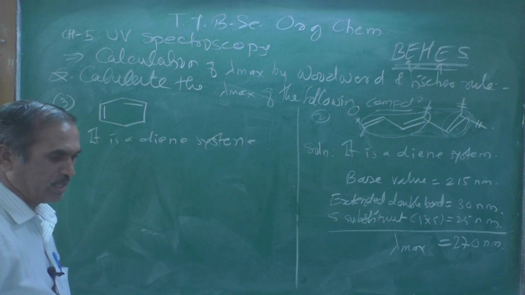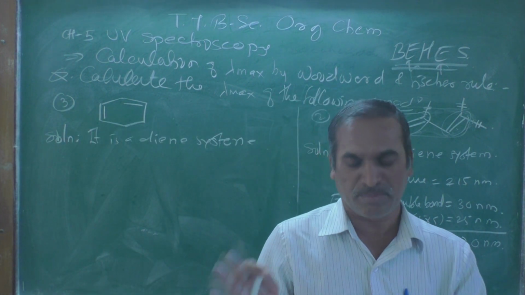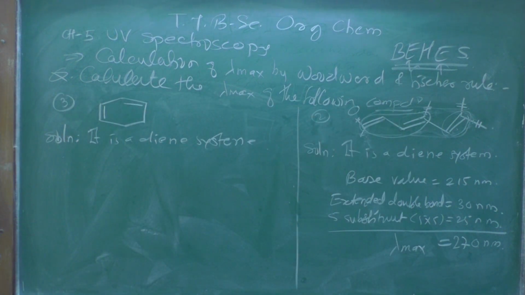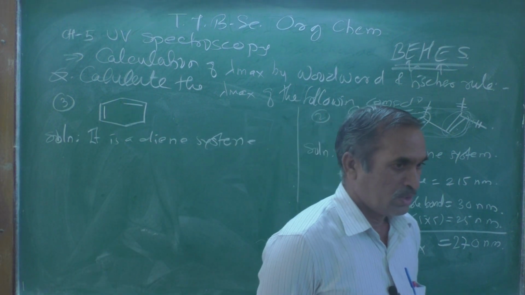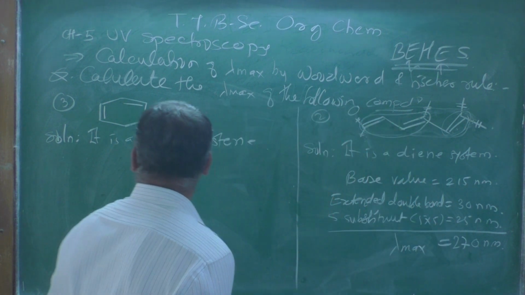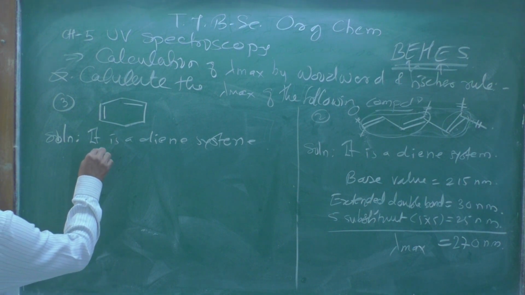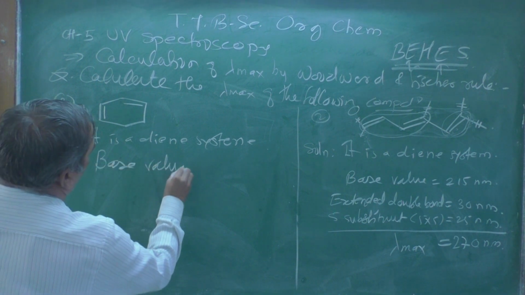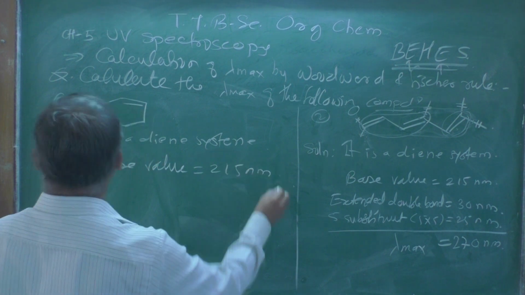And as we know, di indicates 2 and ene suffix indicates a carbon-carbon double bond present in the same group. So it is a diene system. Now if a diene system is there, what is the base value for the diene system? Now you know that a diene system has one and only one base value, that is 215 nanometer.